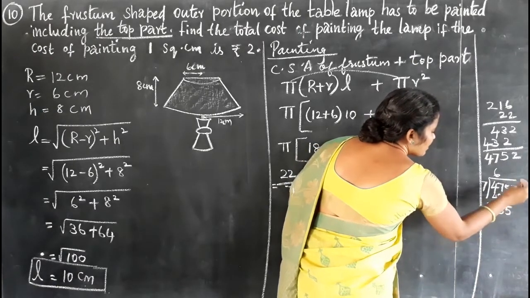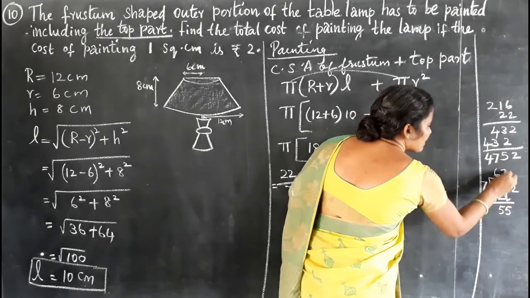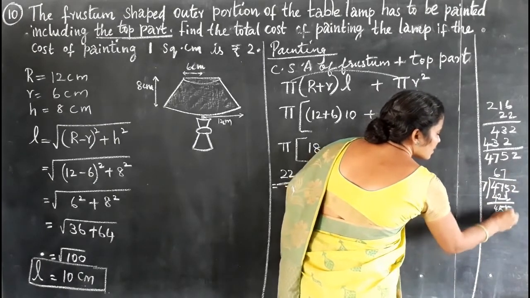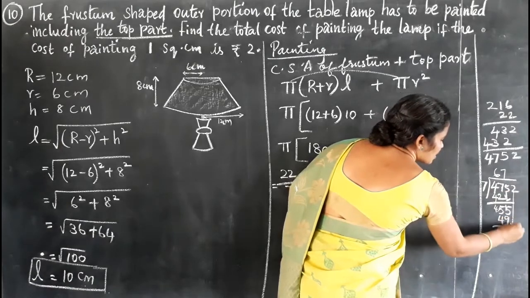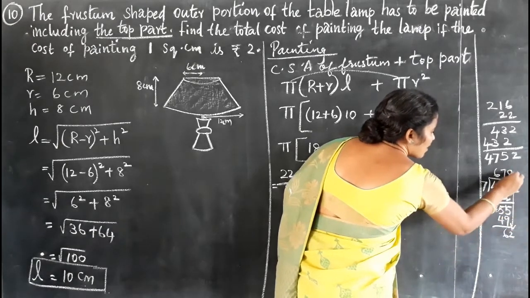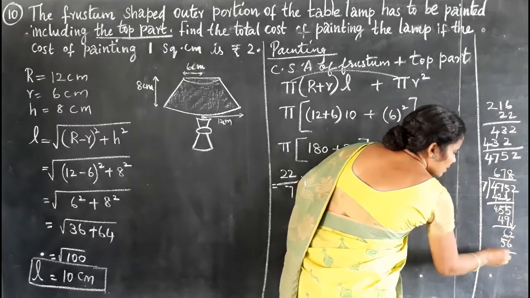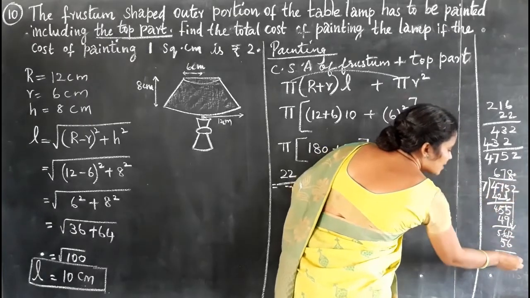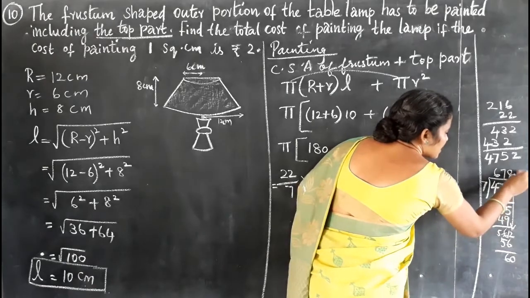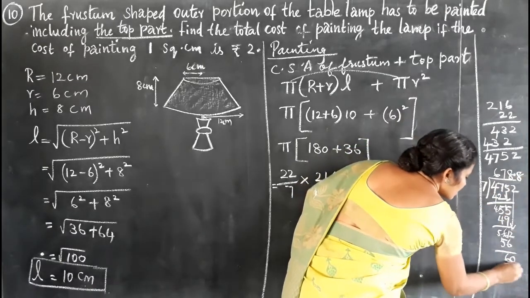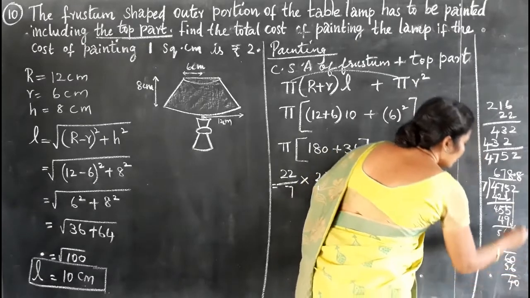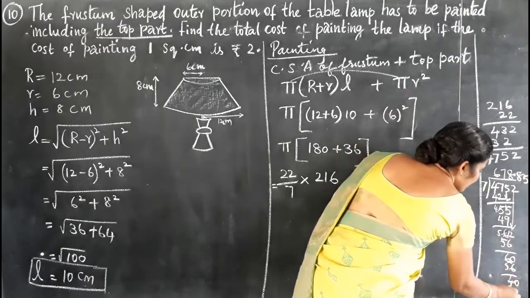Next digit 5, 7 sevens are 49, remaining 6. Next digit is 2, 7 eights are 56, so 6. Keep decimal, add 0, 7 eights are 56, remaining 4, and 7 fives are 35.